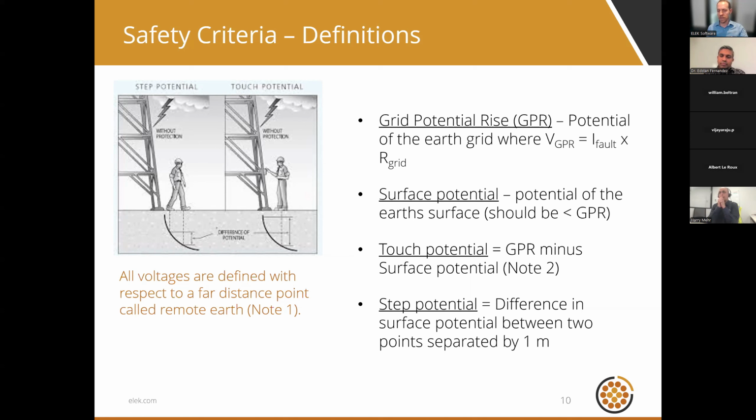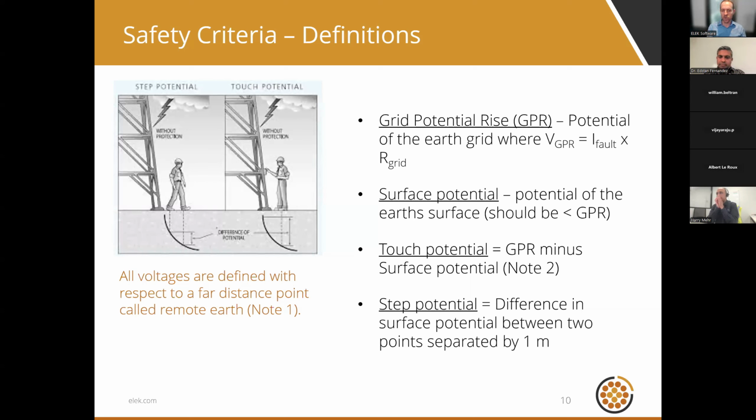They're at surface potential. Now, depending on where he's standing and what surface potential is, nonetheless, there'll be a difference between the potential of his hand and his feet. That gives rise to a touch potential. That touch potential can be hazardous. I'll repeat this a couple of times during this presentation.